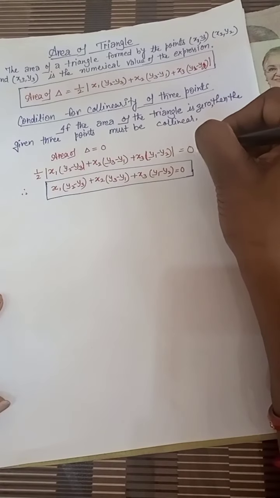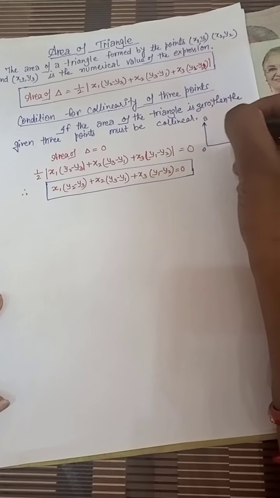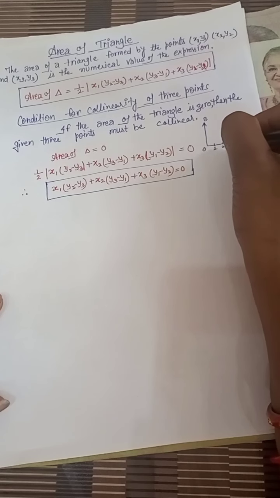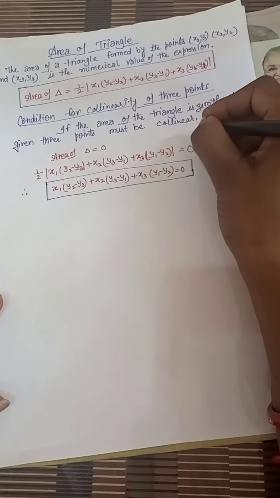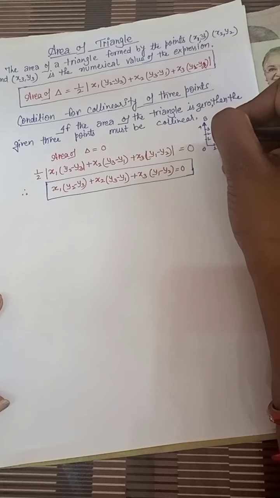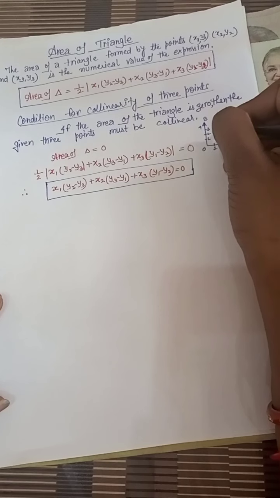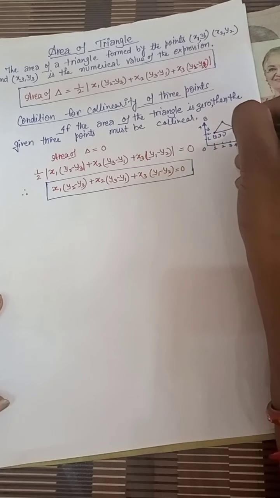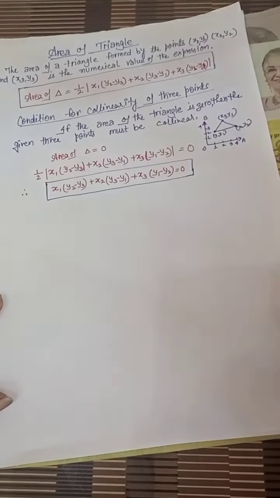Suppose there is a coordinate plane, and here are the points x1, y1, x2, y2, x3, y3. If these are the coordinates of a triangle in a coordinate plane, what is the formula for that?